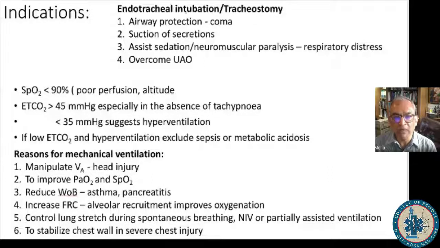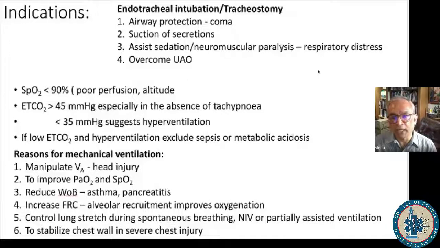So a cuffed tube within the trachea is the only secure way of protecting the airway. The indications for endotracheal intubation will be, first, for patients who need airway protection, as in coma or a poor level of consciousness. Secondly, for suction of secretions. This is better done via tracheostomy if it's going to be a long time on the ventilator.